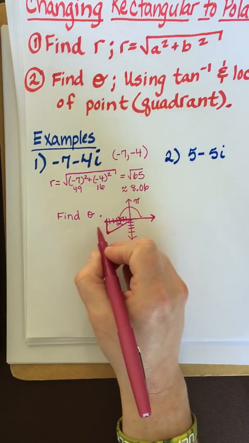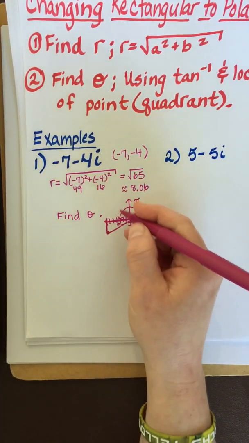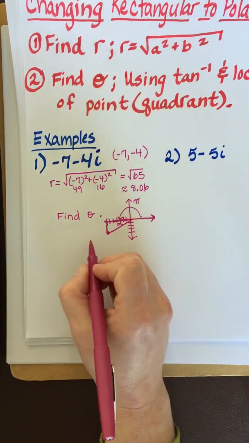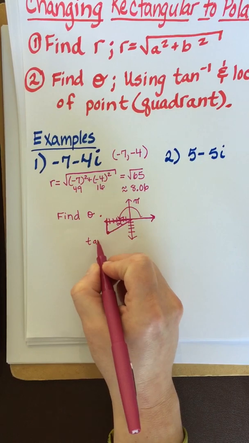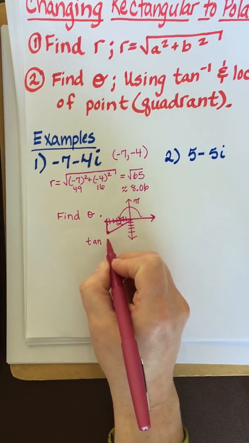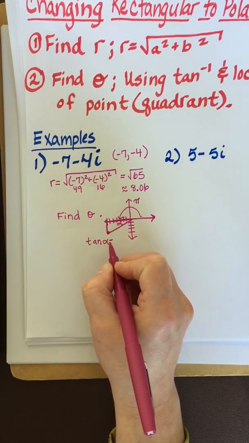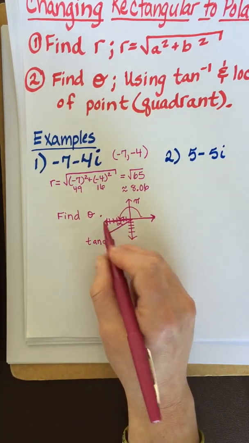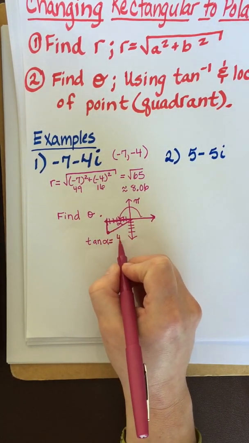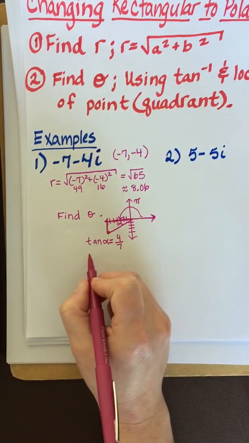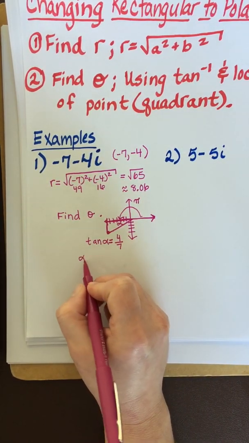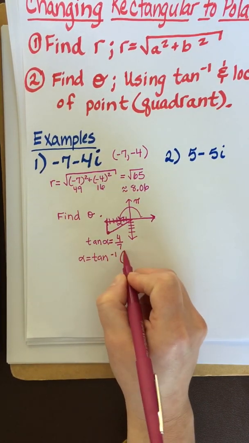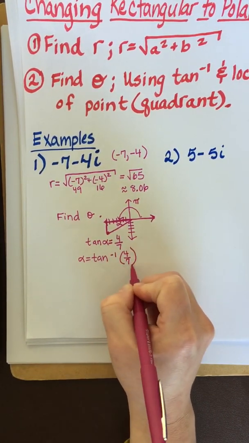So we said we went 7 to the left and we went down 4. So I'm going to do the tangent of, and I called this alpha, but you can call it whatever you want to, equals opposite over adjacent, so that would be 4 over 7. So we would want to do that alpha was the tan inverse of 4 over 7.